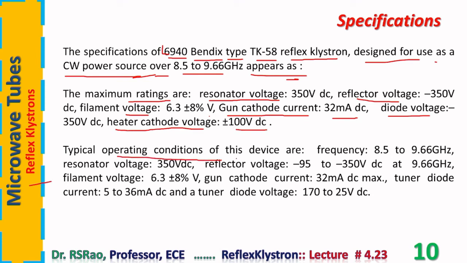Typical operating conditions of this device are frequency 8.5 to 9.66 GHz, resonator voltage of 350 volts DC, reflector voltage minus 95 to minus 350 volts DC at 9.66 GHz, filament voltage 6.3 plus or minus 8% volts, gun cathode current 32 milliamperes DC maximum, tuner diode current 5 to 36 milliamperes DC and a tuner diode voltage of 170 to 25 volts DC.